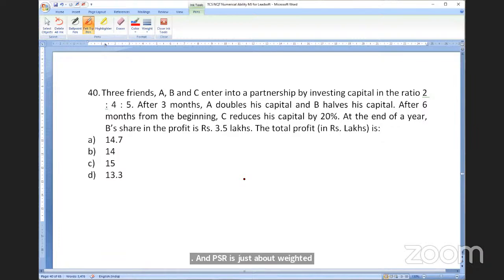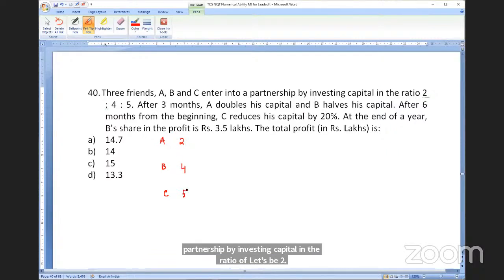Let's do it in a classical way. Three friends, A, B, C, enter into a partnership by investing capital in the ratio of, let's say, 2 rupees, 4 rupees, and 5 rupees. After 3 months, A doubles his capital.